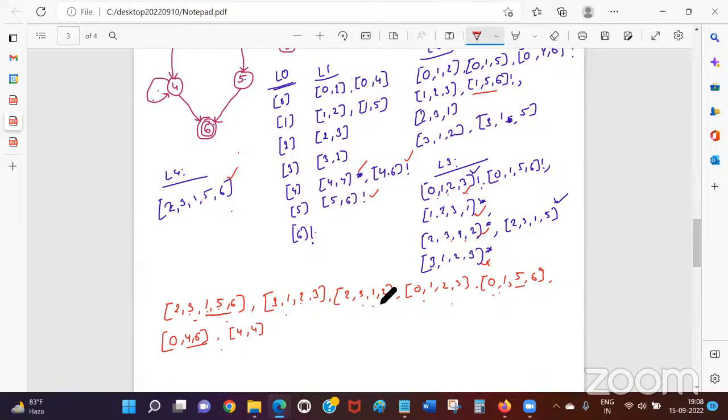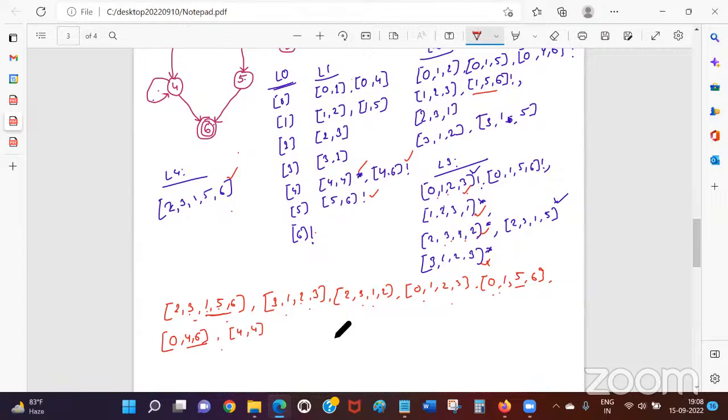I am supposed to get 8. Let me check once again. I got this one. I checked for 3, 1, 2, 3. Yes, I have added this. I have checked for 2, 3, 1, 2. Yes, I have this. 1, 2, 3, 1. 1, 2, 3.